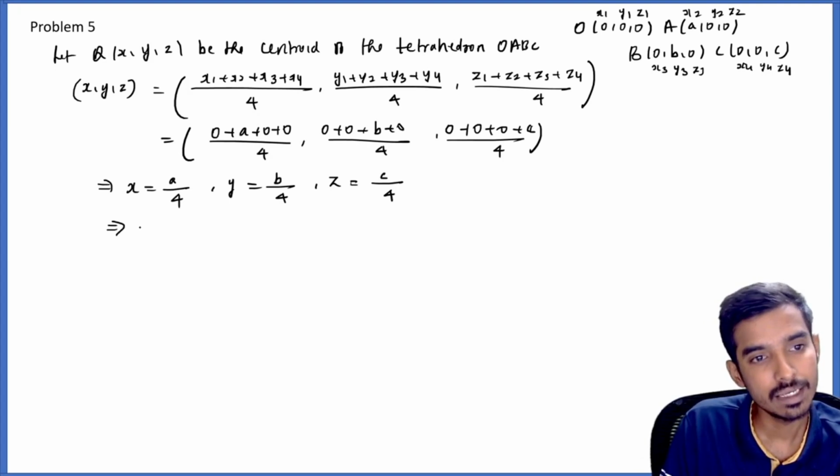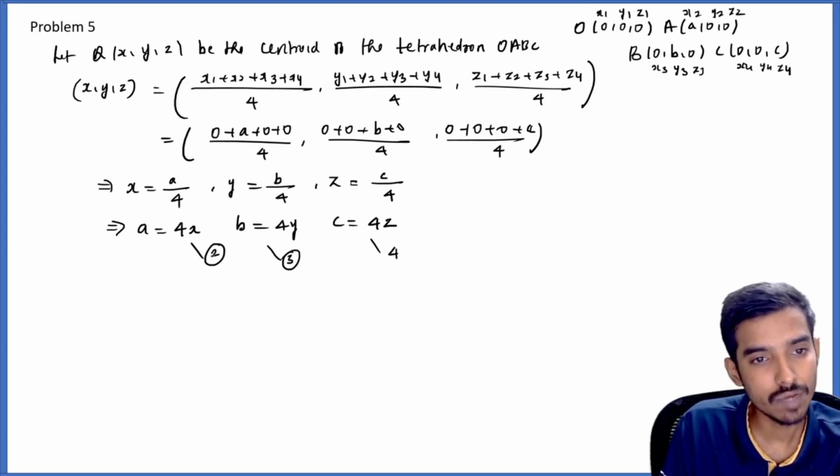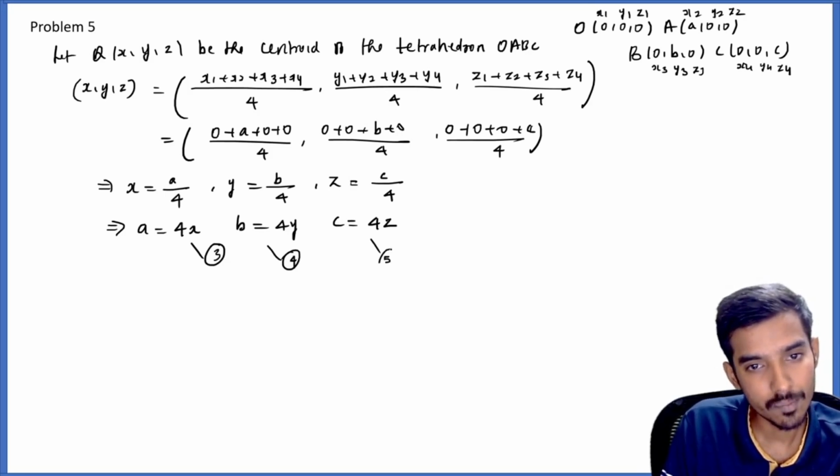This implies a is equal to 4x, b is equal to 4y, c is equal to 4z. Call this as 3, 4, 5, right?